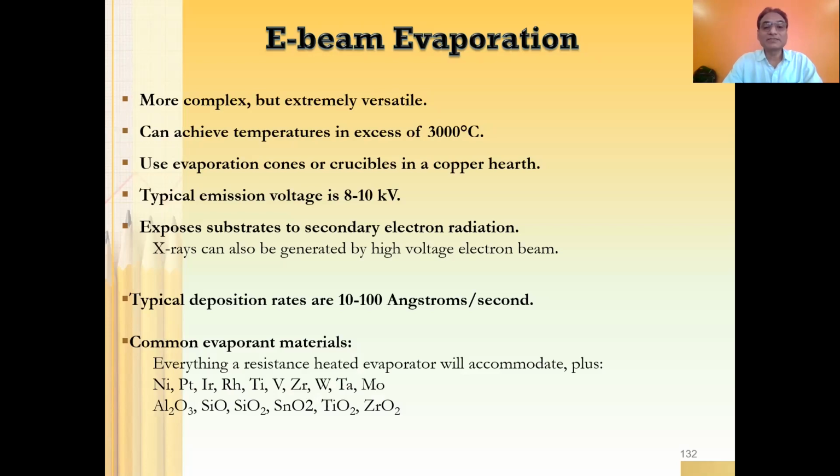It can achieve temperatures in excess of 3000 degrees Celsius. You can see, whereas in case of thermal evaporation you cannot go beyond 1800, in case of E-beam evaporation you can go beyond 3000. It means the material which cannot be evaporated by using a thermal evaporation system can be evaporated by using an E-beam evaporation system.